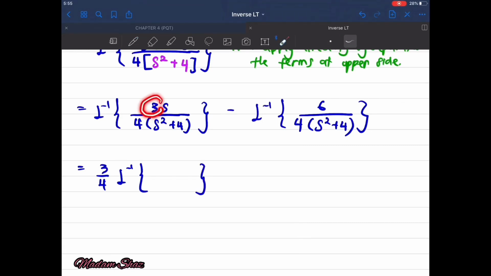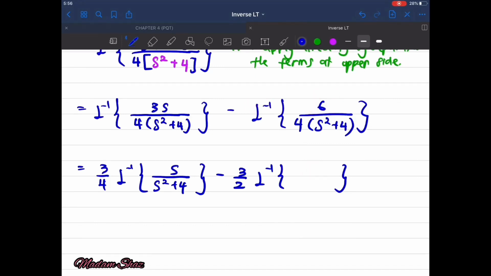When we bring 3 to the front, the upper side will become s. s over s square plus 4. Bring 6 and 4 to the front. So 6 over 4 will become 3 over 2. Laplace inverse. When we bring 6 to the front, the upper side will become 1. 1 over s square plus 4.